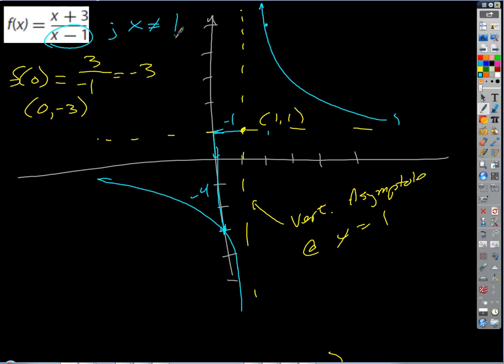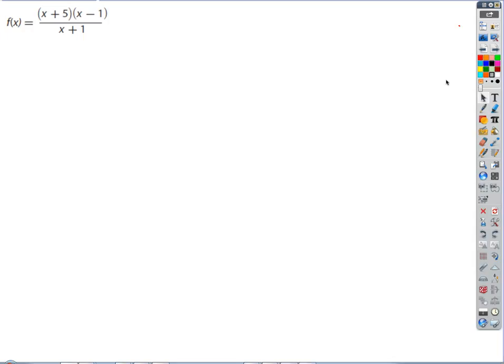Okay? So let's see if we can come up with a pattern. Let's just look at some functions here and see if we can come up with a pattern. Anybody want to make a prediction, if we graph this, about what we're going to see? Look at that function. See if you can tell me some things that are going to happen there. Okay, where do you think we're going to have a vertical asymptote? Negative 1.